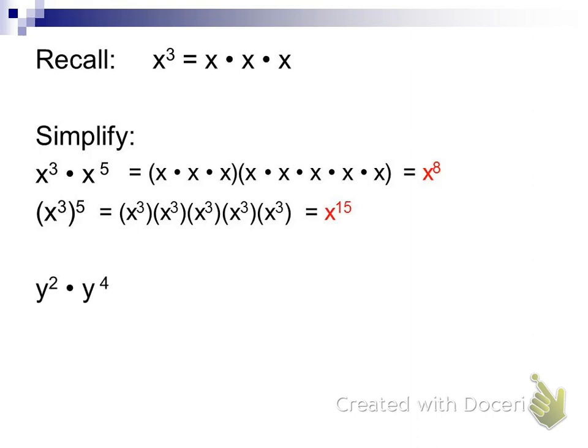Here's some more with some y's. So y to the second times y to the fourth. That's like having y times y times y times y times y times y. How many y's are there? 6 of them. Good. That is not the same as if you had y to the second to the fourth. Here each y has its own exponent.